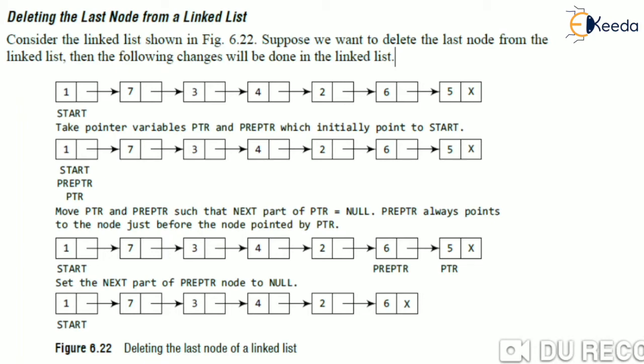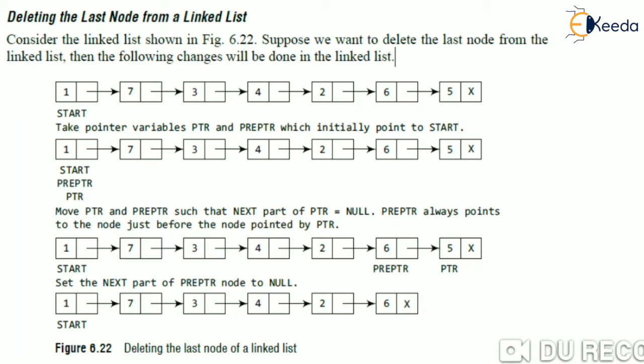Consider the linked list in figure 6.22. Suppose we want to delete the last node from the linked list, then the following changes will be done in the linked list. Now we are starting with the first node, where it is 1, then 7, then 3, 4, 2, 6 and 5. These are all nodes. Now we are deleting the last one. Take pointer variables ptr and pre-ptr which initially point to the start.